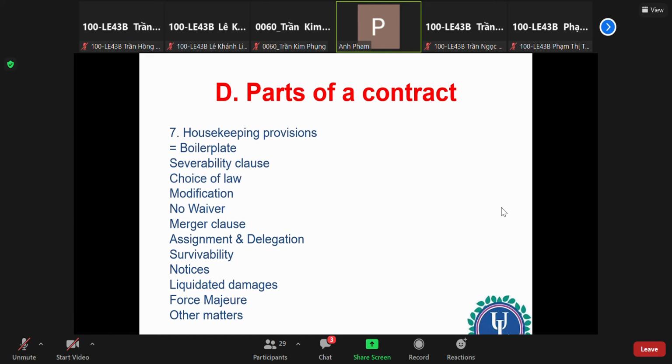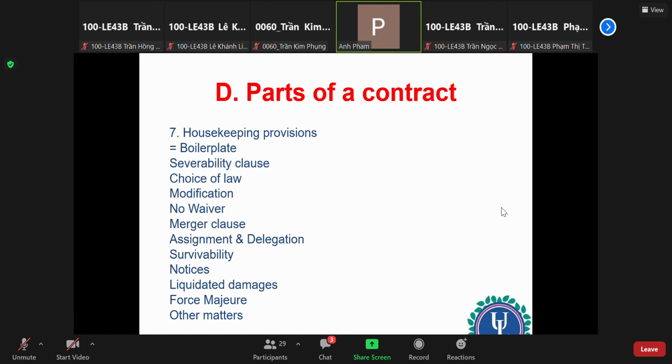No waiver means that when a party waives one clause, one provision, one obligation in the contract, it doesn't mean that that party waives the whole contract, or that that party waives the other clauses in the contract.